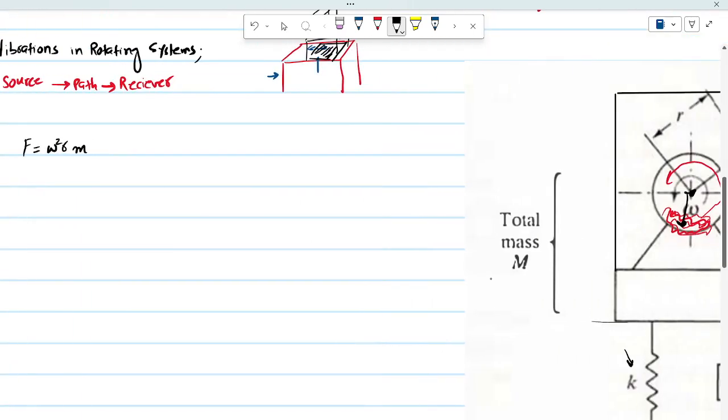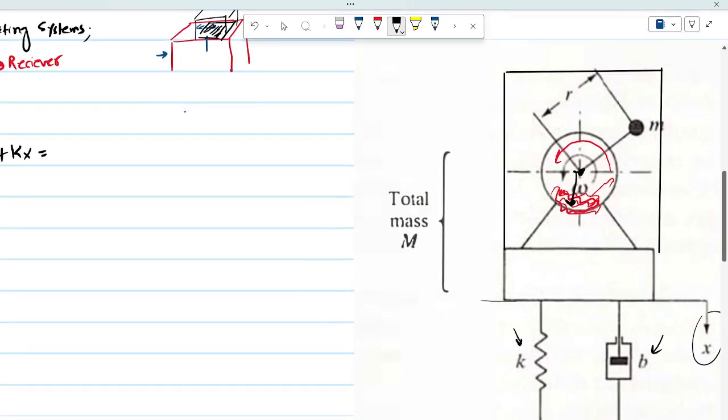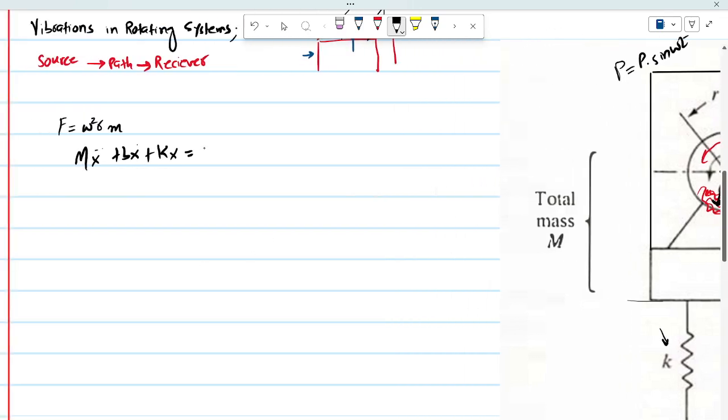So we can write our equation of motion as capital M x double dot plus b x dot plus k x. And since the excitation force, let's call its magnitude P, is dynamic loading, let's say it has a P naught sine omega t amplitude, where this P naught is actually equal to this.